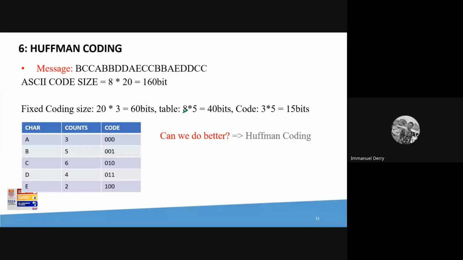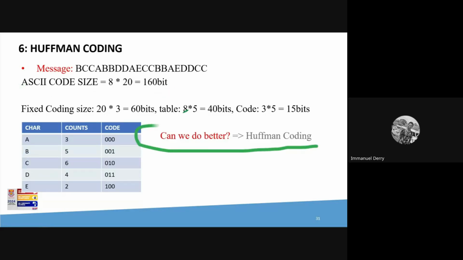Anybody to help us? 60 plus 40 plus 15. 115. All right. So realize that using the fixed coding size, the file size has reduced by 45 bits, right? As against the normal ASCII code.